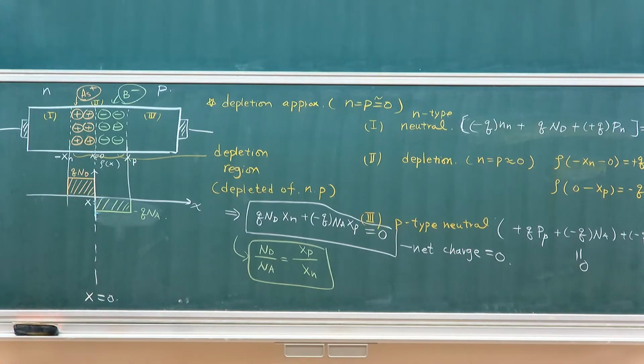It depends on the doping level. The higher the doping, the less depletion, because the areas should balance out. Okay?